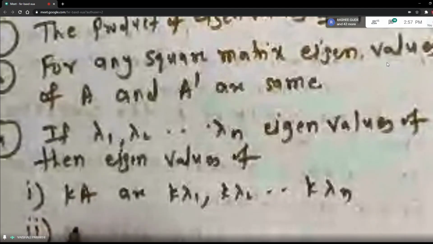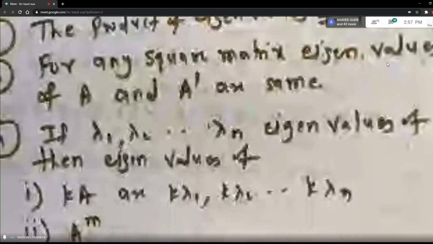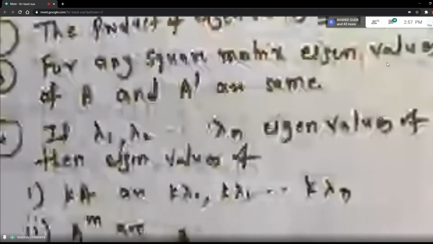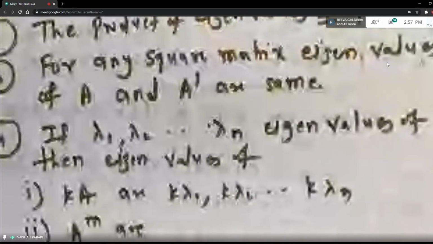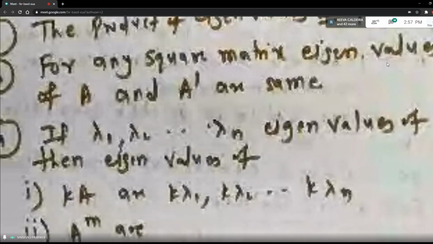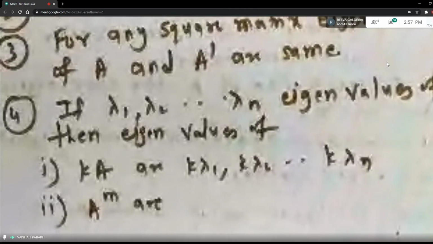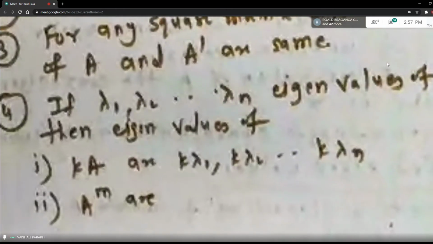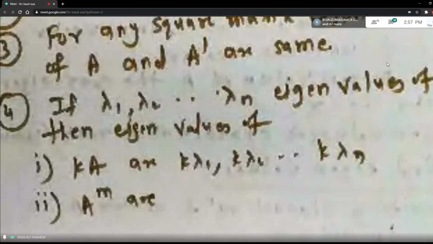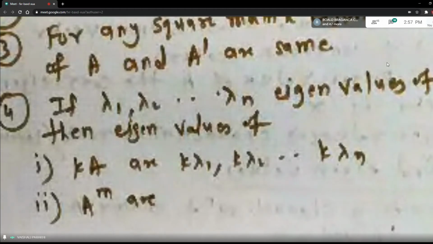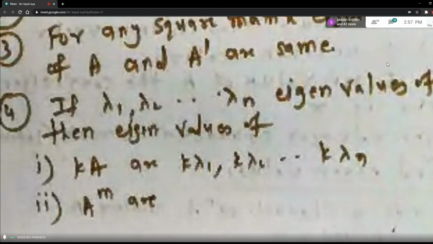Second one, eigenvalues of matrix A raised to m. Suppose it is asked to find out eigenvalues of matrix A raised to 100. Are you going to multiply matrix A 100 times and then get its eigenvalues? No. Original matrix only, you have to find out the eigenvalues and raise the power of every eigenvalue by 100. That is m here.